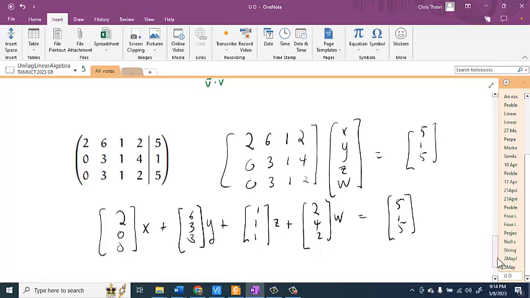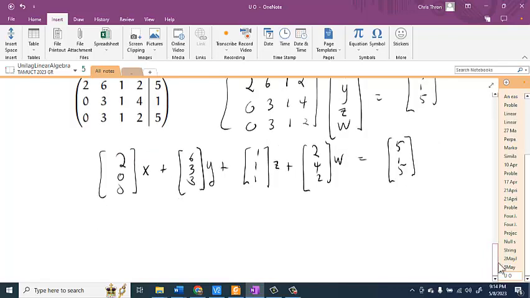So what does that mean? That means that I'm trying to solve for a linear combination of these vectors to get this vector. So this is a linear combination of the column vectors.